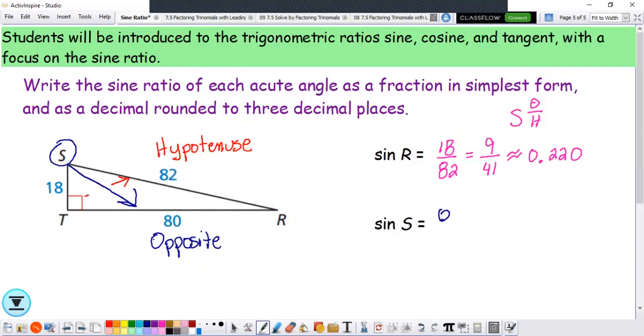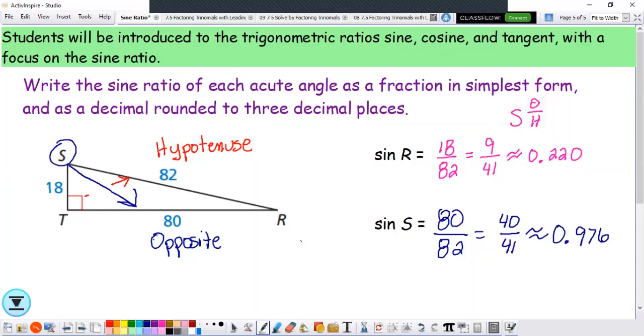So this ratio will be 80 over the hypotenuse, which is 82. Simplify the ratio and we have 40 over 41. Both values can be divided by 2. And as a decimal to 3 places, we have 0.976 approximately.